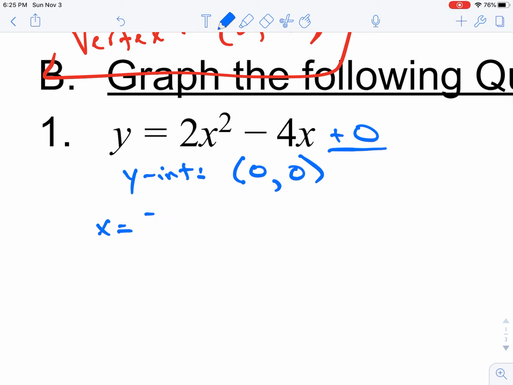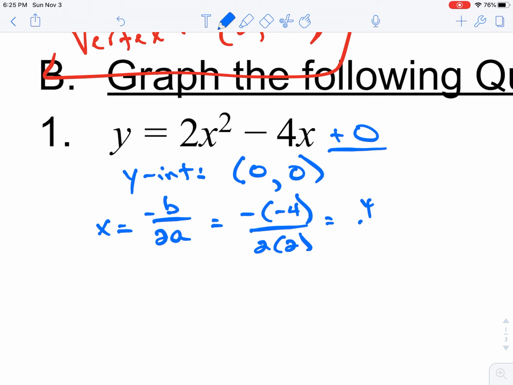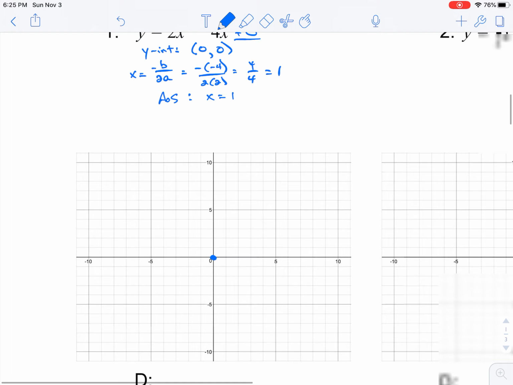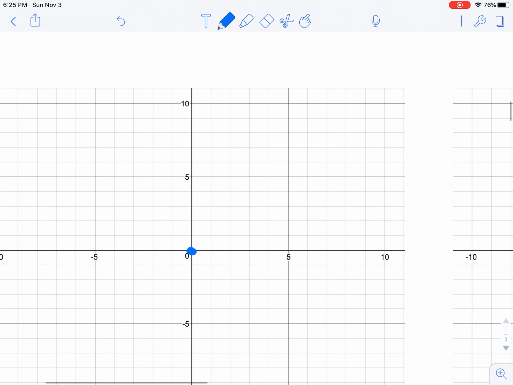I'm going to do negative b over 2a, which is -(-4) over 2 times 2, which is 4 over 4, which is 1. Which means the axis of symmetry is at x equals 1. So I'm going to go to my graph and show that at 1 we have an axis of symmetry.